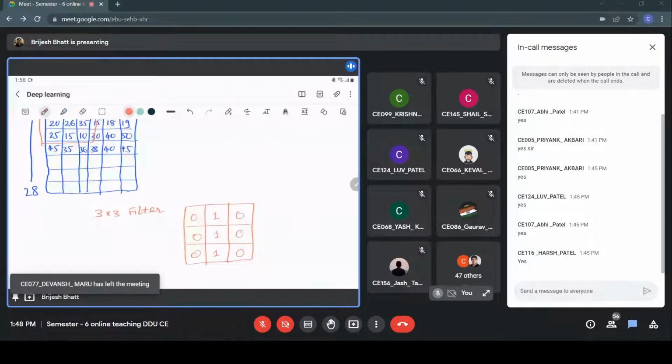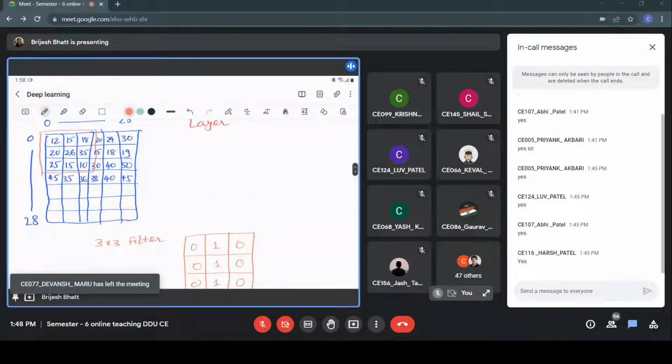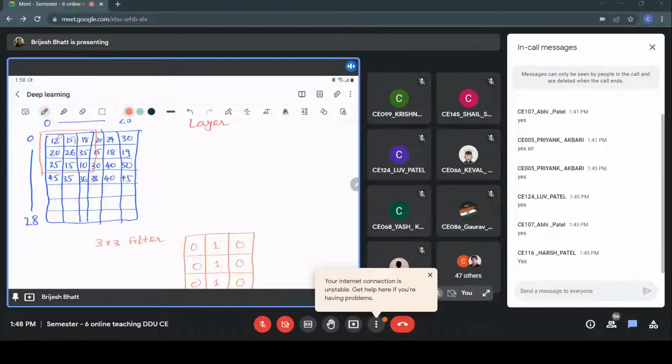So we put the filter at the beginning of the matrix, and we multiply the filter value with the cell value. So 12 multiplied by 0 is 0. Then 15 multiplied by 1 is 15. 18 multiplied by 0 is 0, and so on.